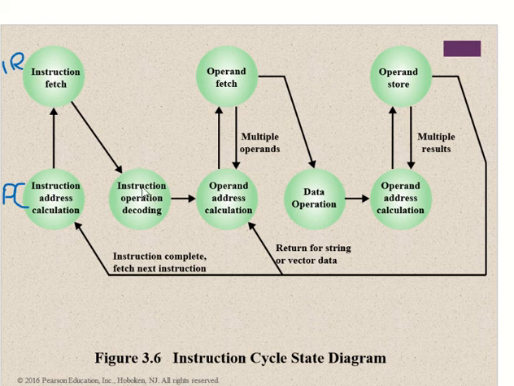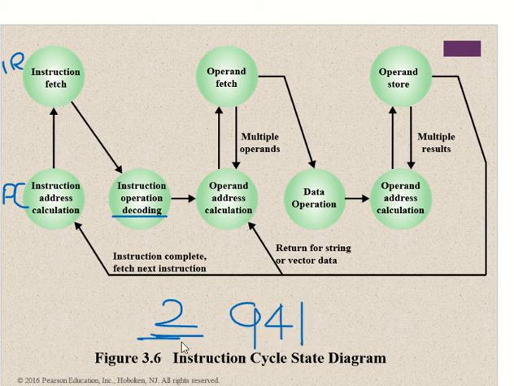Then you decode the instruction. What do you mean by decode? You try to understand. In the last example I showed you the instruction, for example 2941, and you understand that 2 means the opcode and 941 means the address.